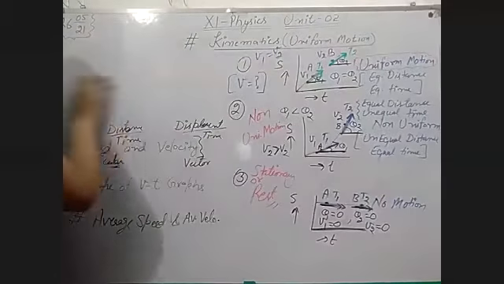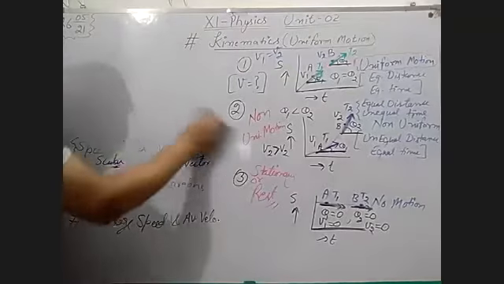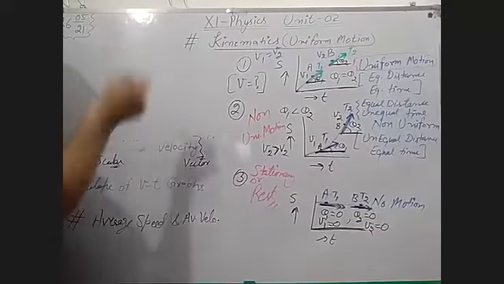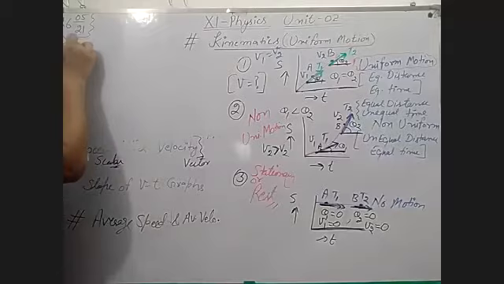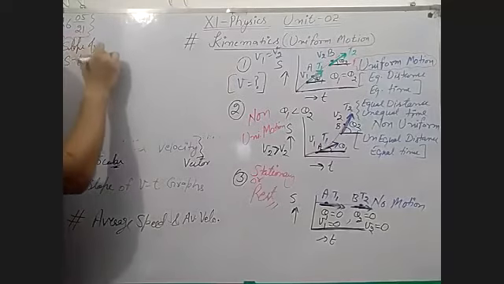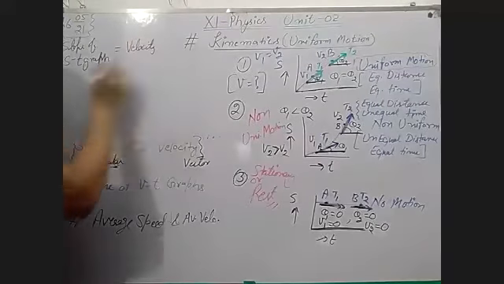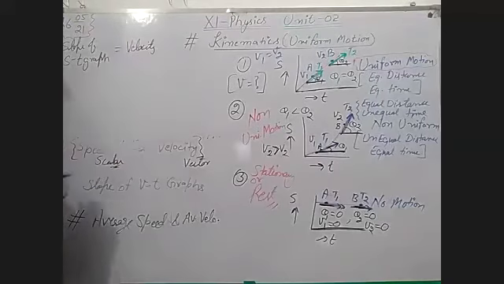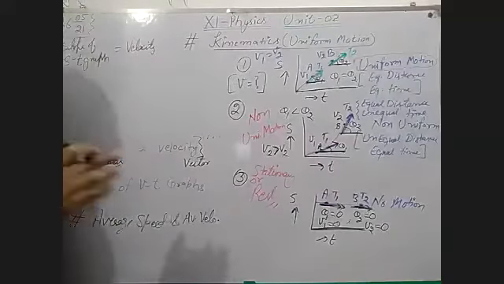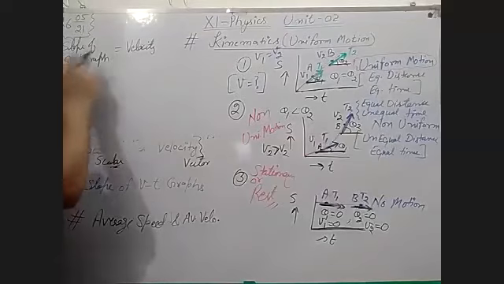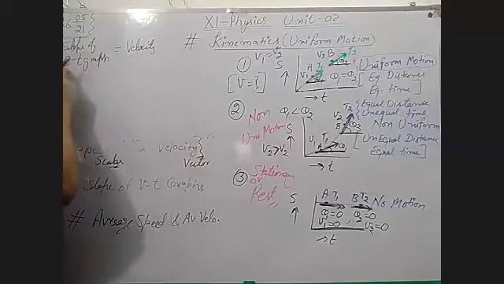Why is the slope of the ST graph equal to velocity, or speed, you can say, because there is a difference between speed and velocity. Speed is scalar and velocity is vector. But now the question is, how can you say the ST graph slope is velocity?